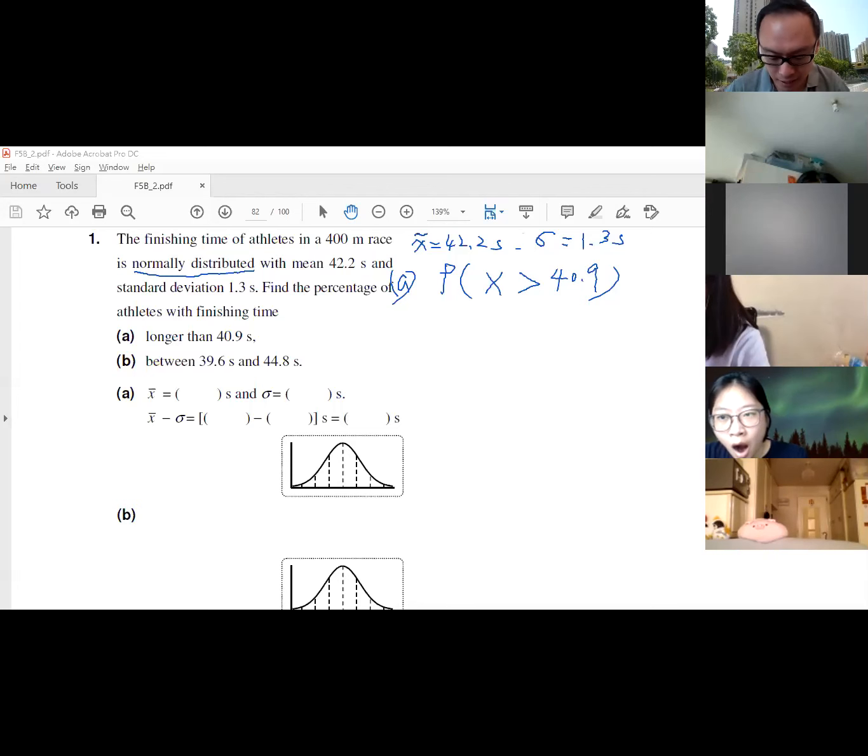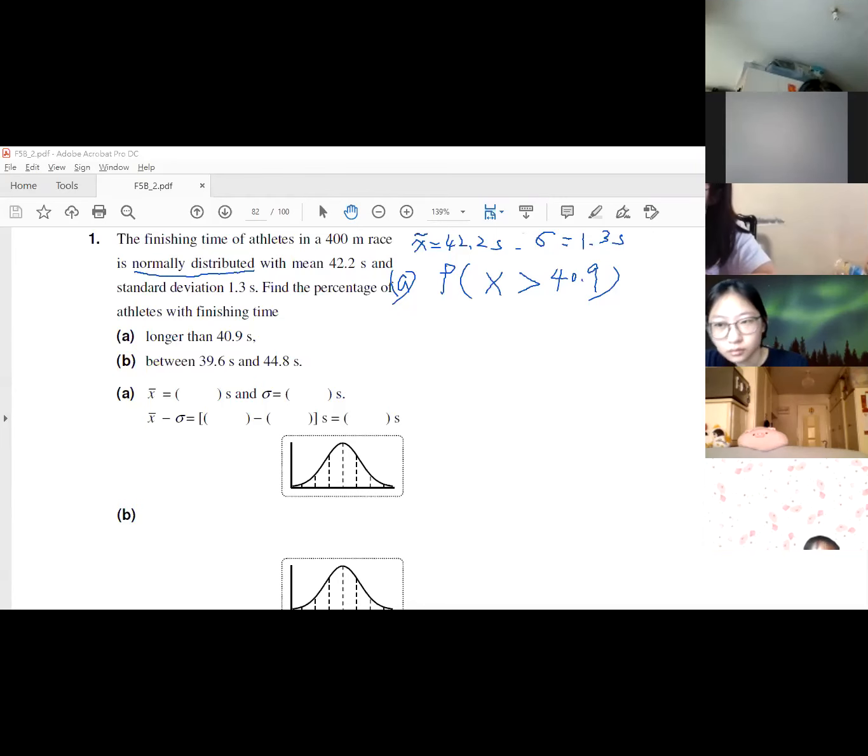I did not start the calculation yet. The first line is always like this: I just write down the given information. What is given is that the mean is 42.2 seconds, and the standard deviation is sigma, equal to 1.3 seconds.